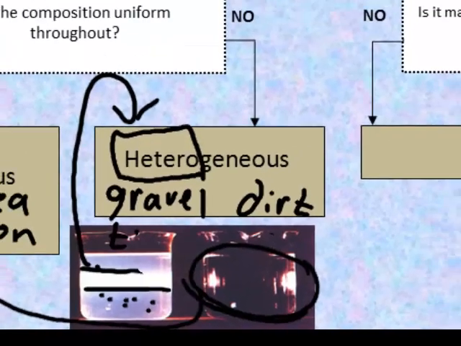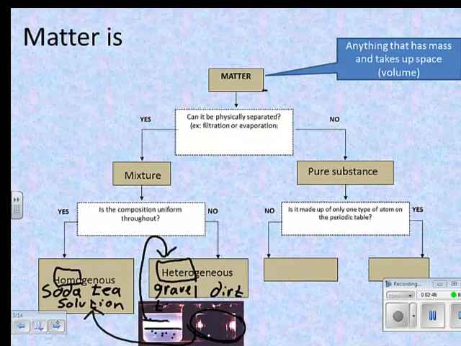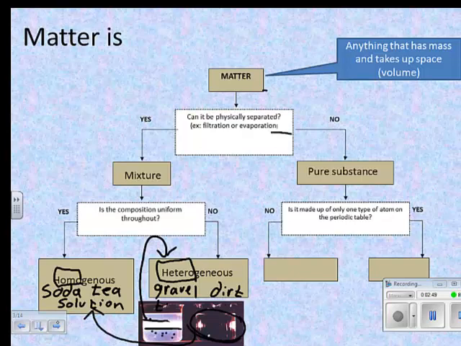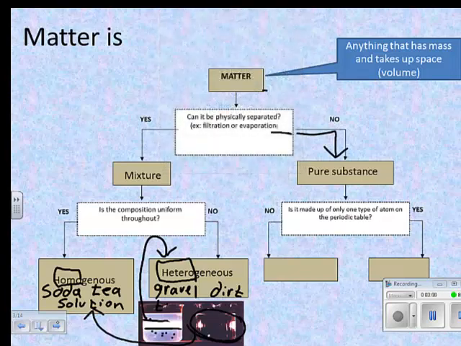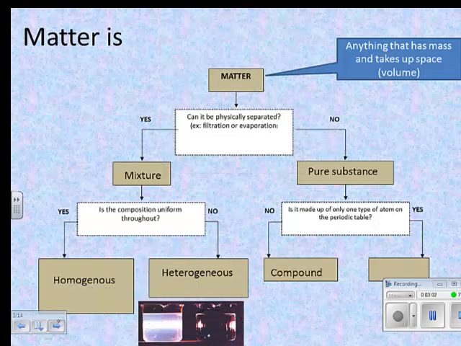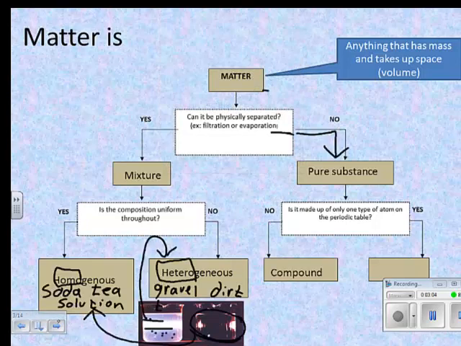So let's go back up to the top of our chart, and we start off with matter. Now our matter can be or cannot be physically separated. Once you classify it as a pure substance, you need to look at it and maybe even look at the chemical formula. Is it only made up of one type of atom on the periodic table? If the answer is no, we're going to call that a compound. So compounds are going to be H2O, it's going to be sugar.